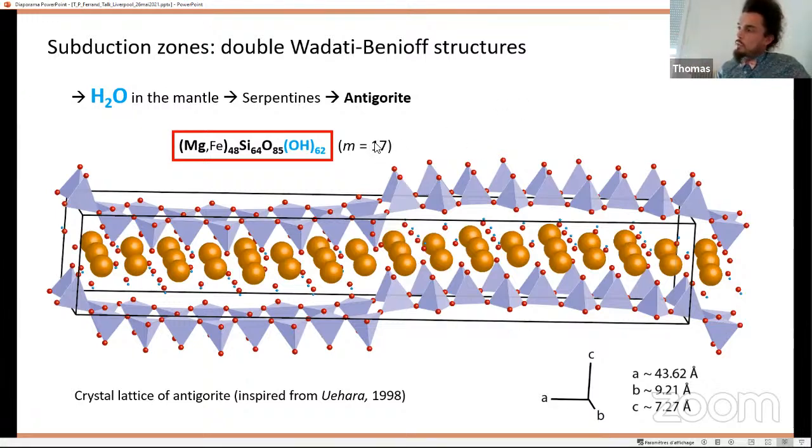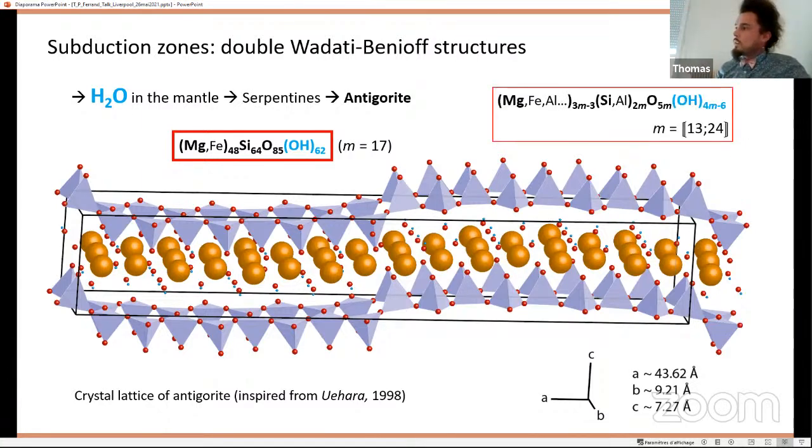When it's equal to 17, it means that you have along the A-axis 17 silica tetrahedra, and this can be 15, this can be 20. You have many possibilities because this M can vary between 13 and 24 as far as we know.